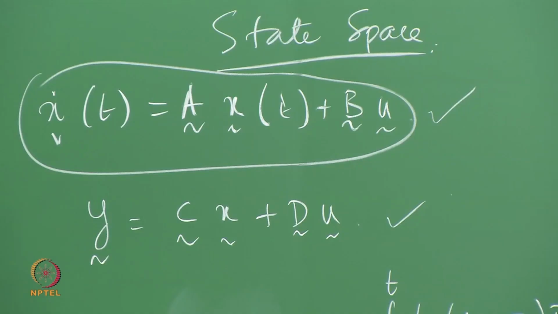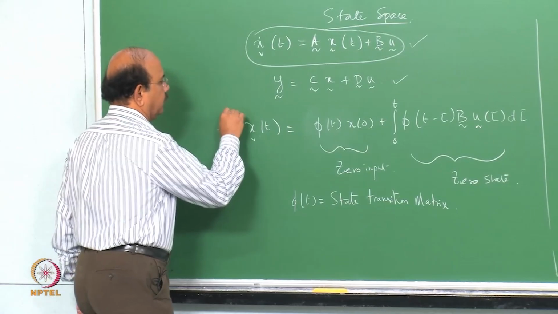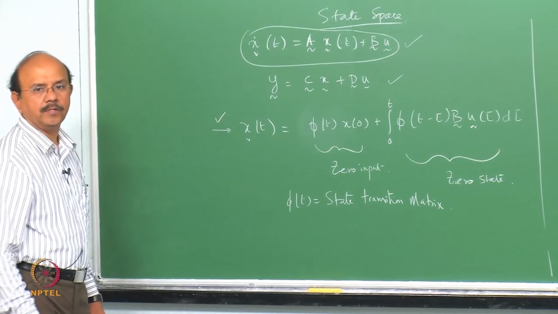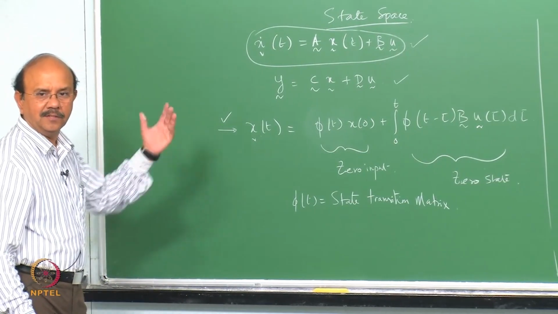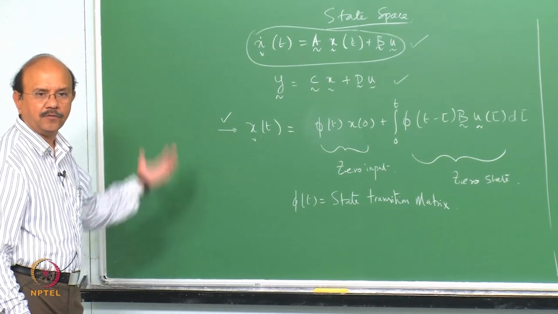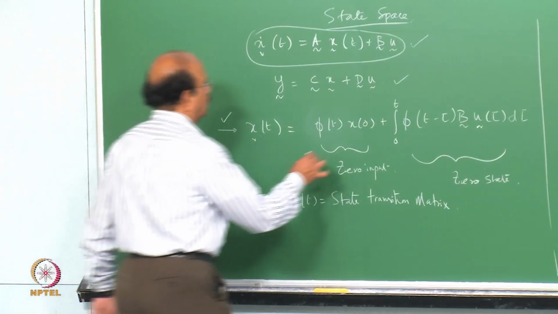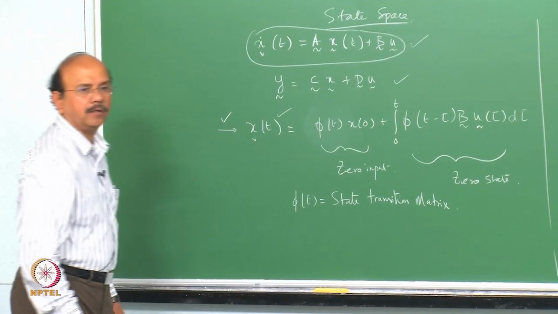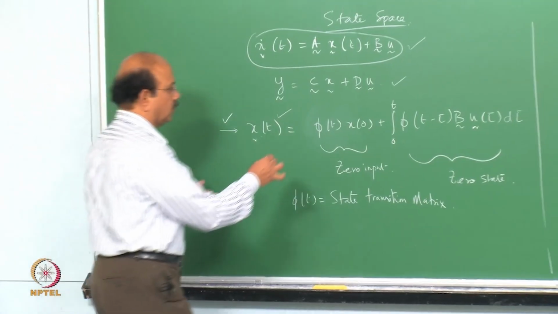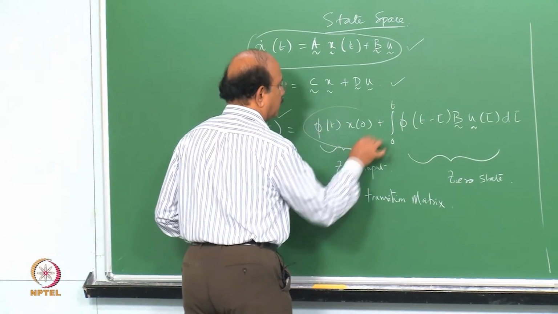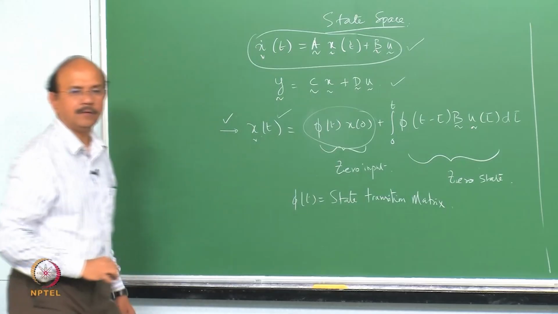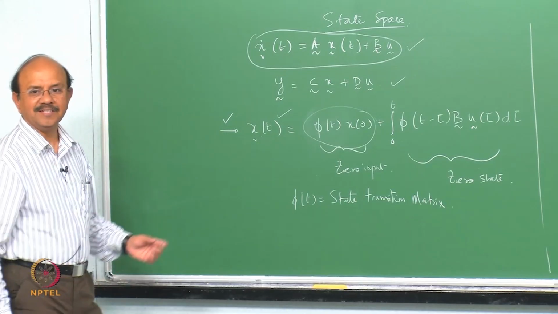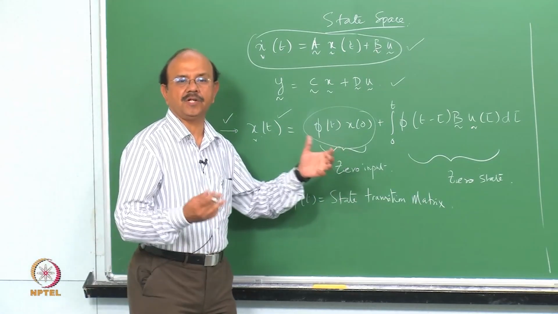All of you know, we went through this. x of t, we derived this. Remember that we had a Laplace transform and so on. So we have 2 terms ultimately for x. One is what is called the 0 input term, in other words, this is purely because of the initial condition.